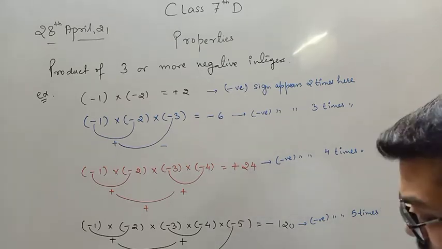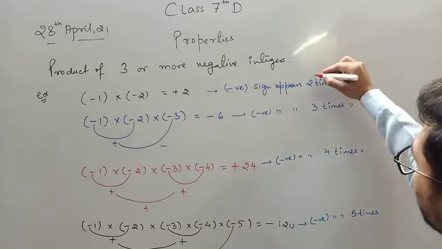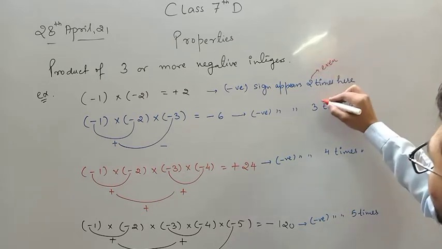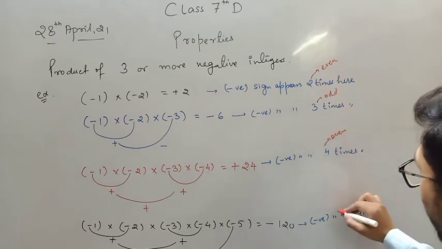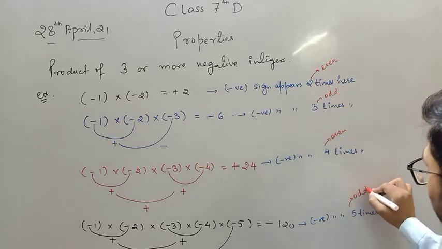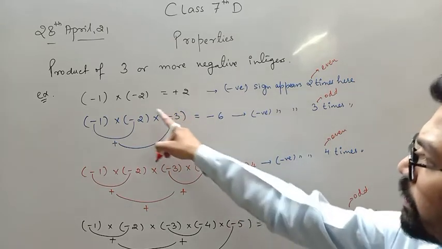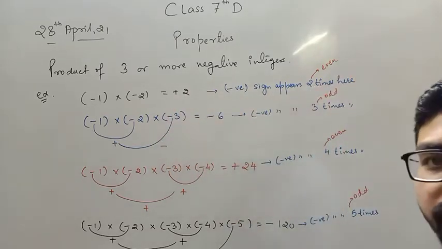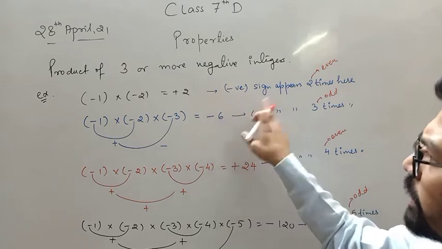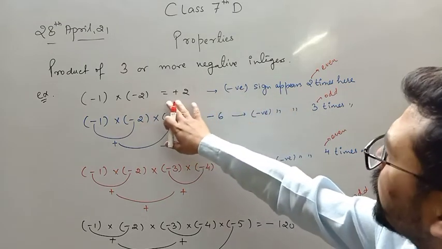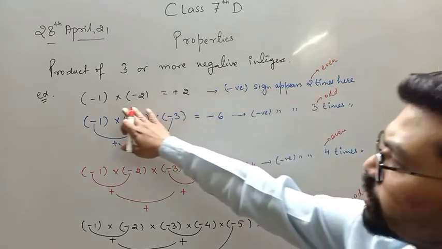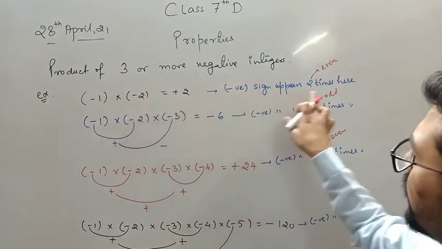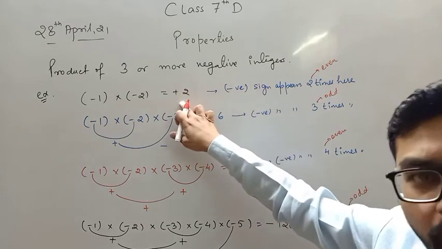So this is even, this is odd, this is even, this is odd. So whenever the minus sign appears an even number of times, the result will always be positive.